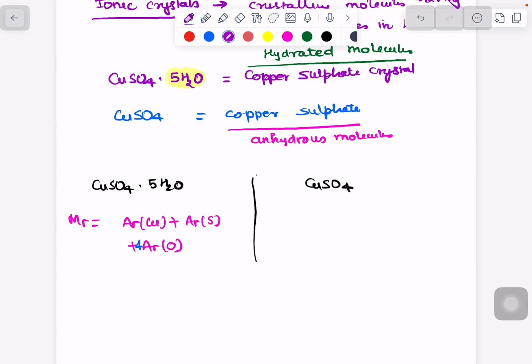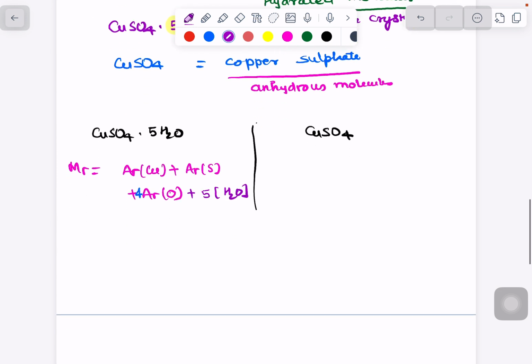And how many? 5 H2O. And then we are going to apply the same principle here. We are going to say Ar copper plus Ar sulfur plus 4 Ar oxygen plus 5 inside bracket 2 Ar H plus Ar oxygen.